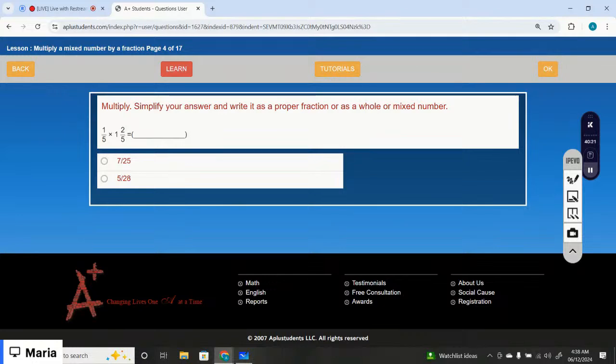So which is the correct option? 7 over 25. It is very good. Option number 1 is the correct option.